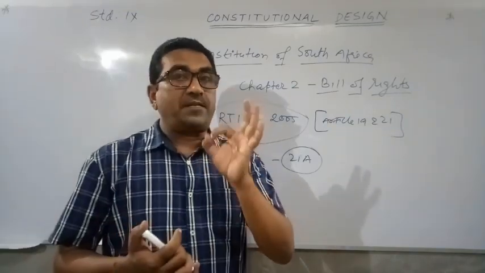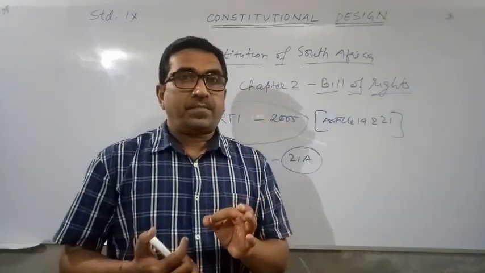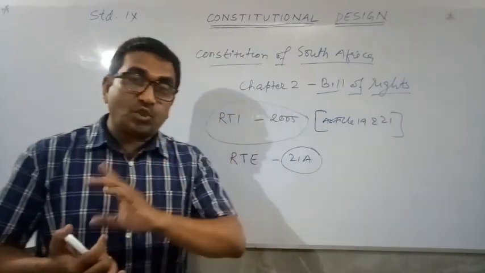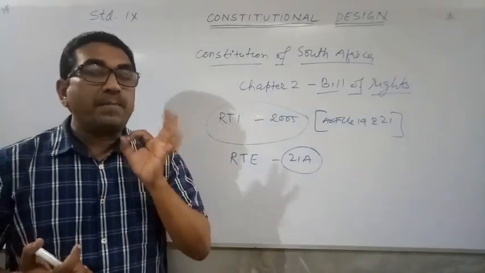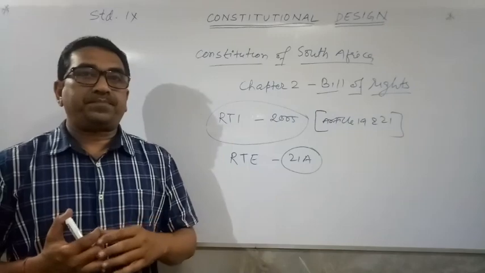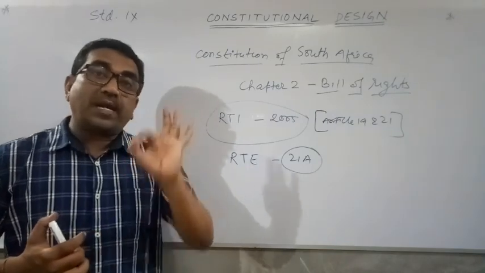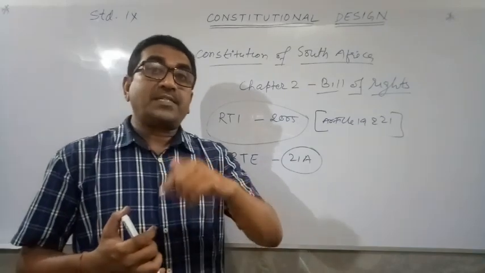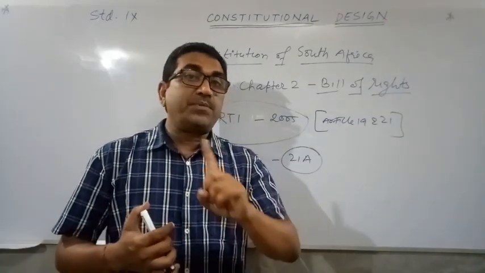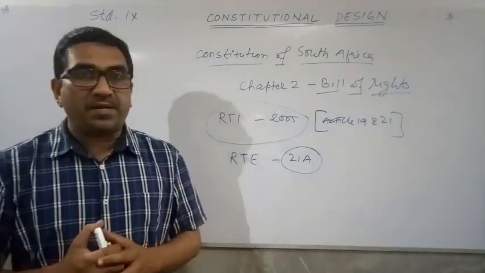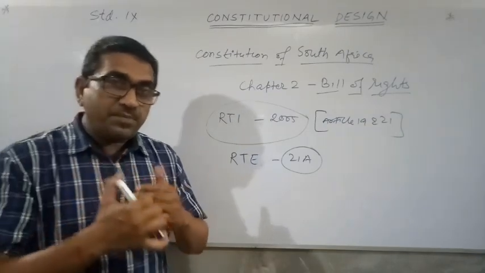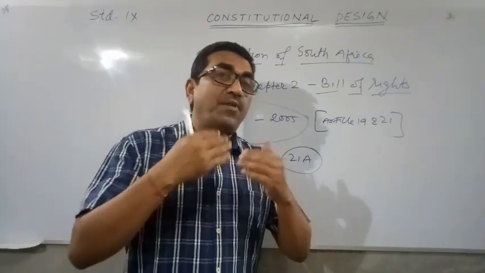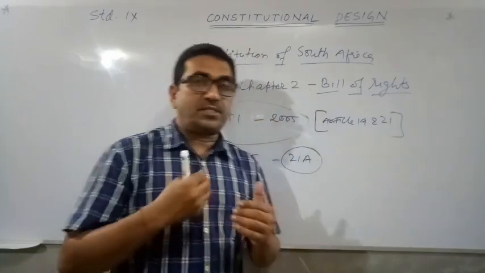Right to privacy is not part of our fundamental rights. They have been given. Right to clean environment. It is our need, but it has not been included in our fundamental rights. It means in a few rights, they are very far ahead of us.